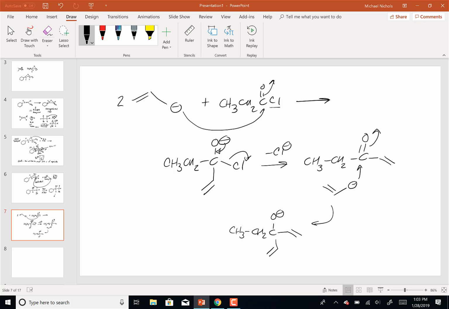So at this point, if the O minus tries to bring its pair of electrons back down, nothing can leave. So it's stuck. Then we're going to add our H plus H2O step, and we're simply going to protonate the O minus.